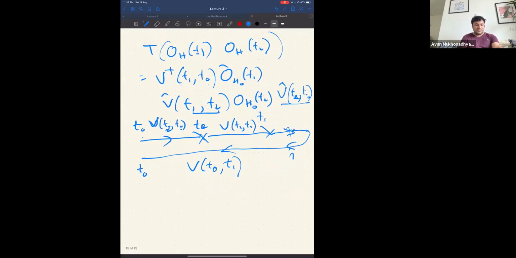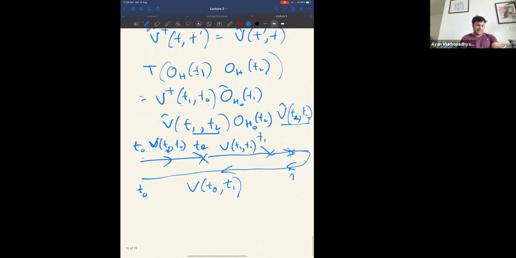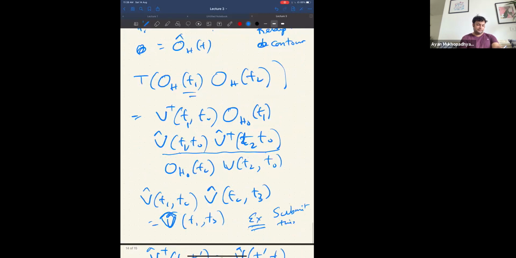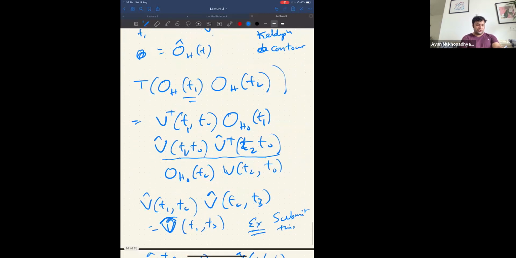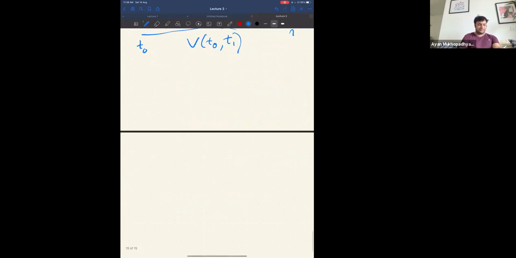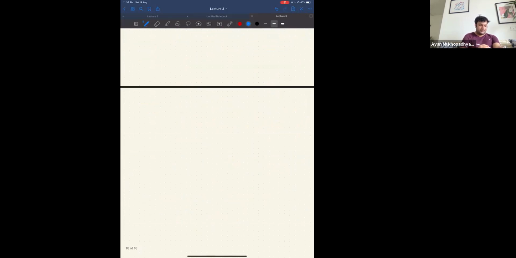So what I claim is, okay, let's first try to rewrite. So this is the expression that I have, right? Okay, so what I'm going to now do is put all of this in a very nice way and show you what's a calculational tool that we need.